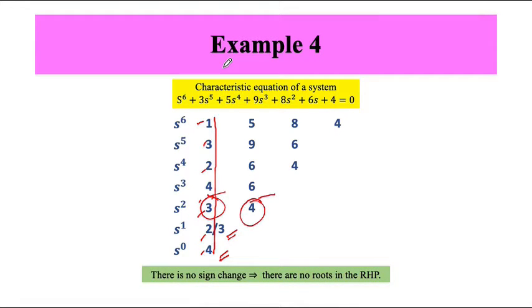But for determining the stability of the system, we need to find the roots of the auxiliary equation, because we learned that the roots of the auxiliary equation are also roots of the characteristic equation. So the roots will determine the stability.